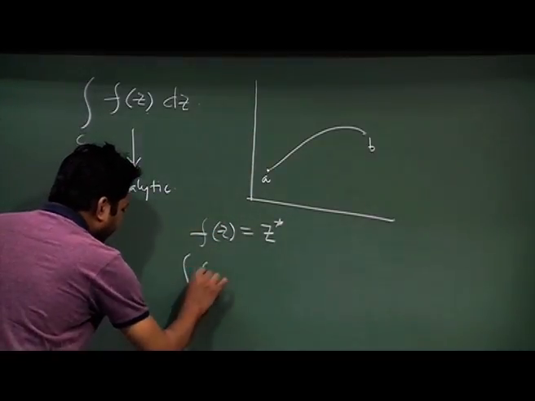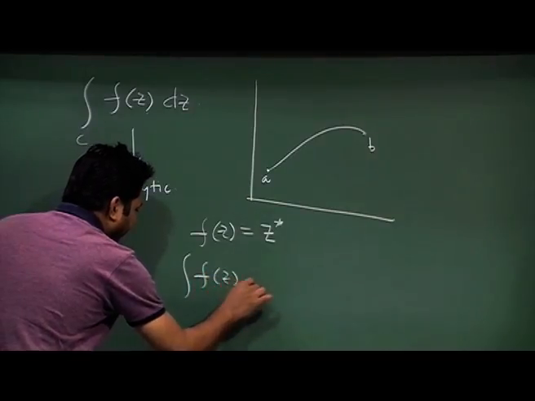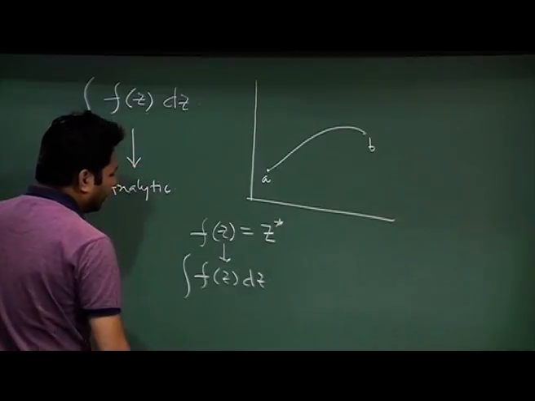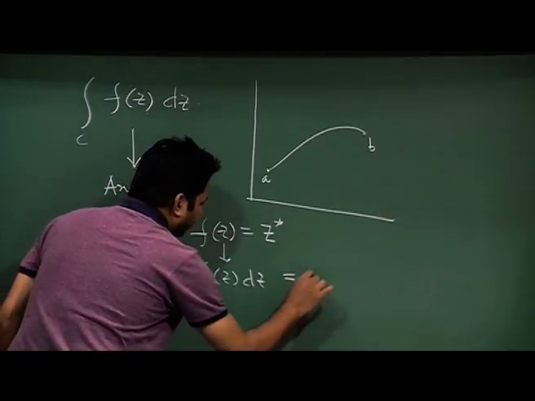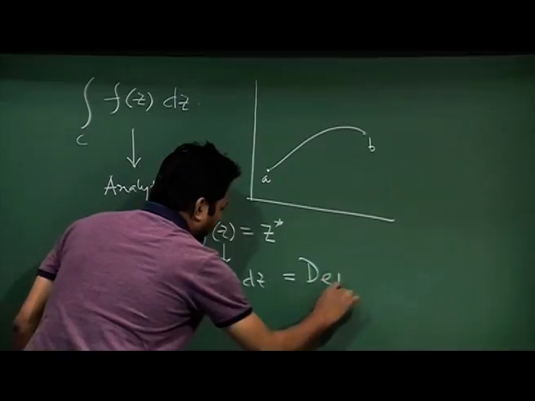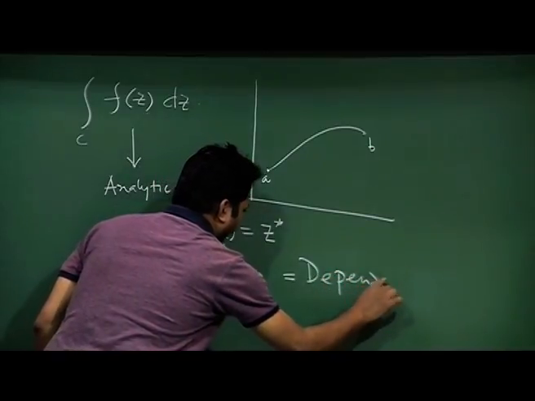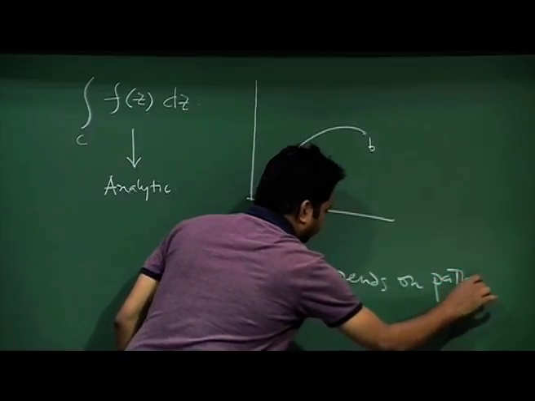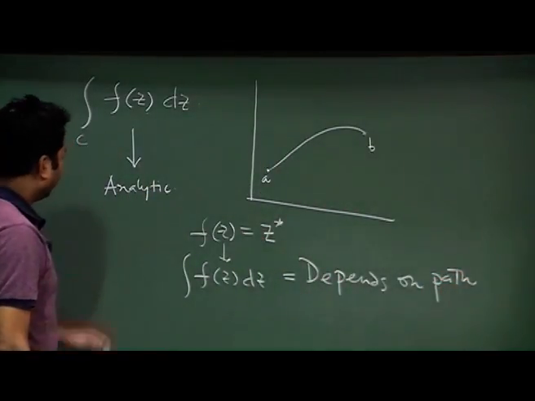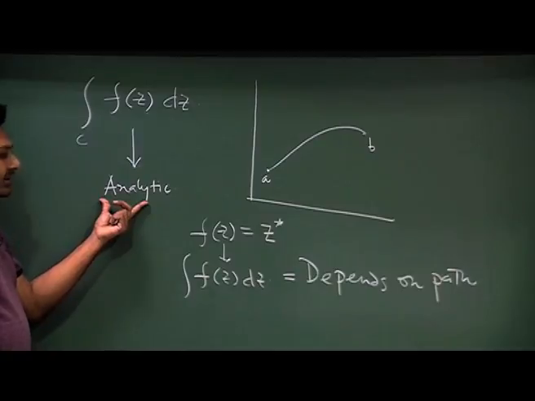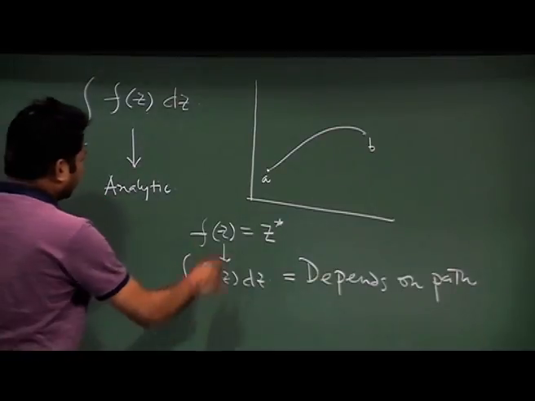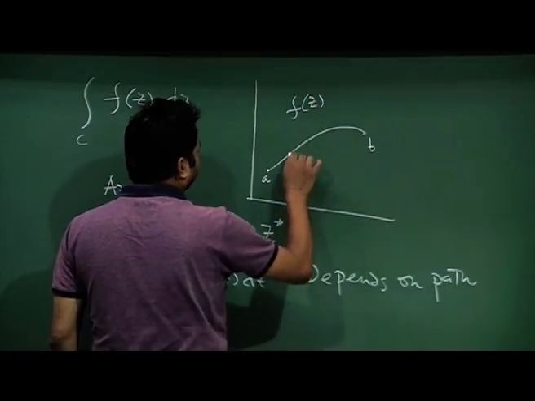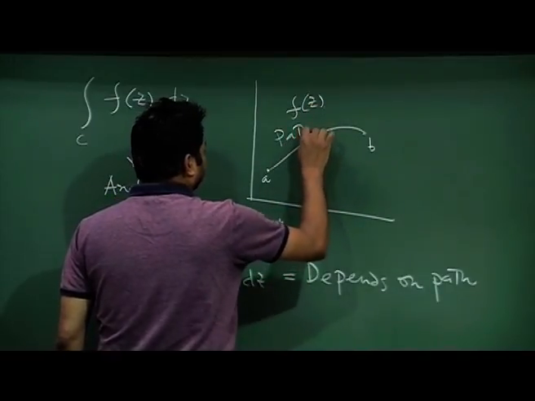The integration of f(z) dz, when f(z) is this z star, depends on the path. But if it is analytic, it is path independent.